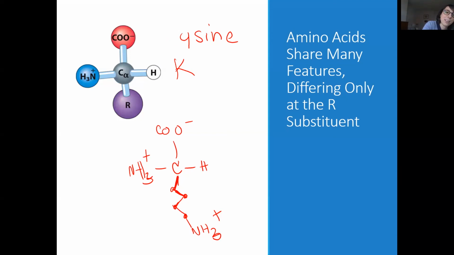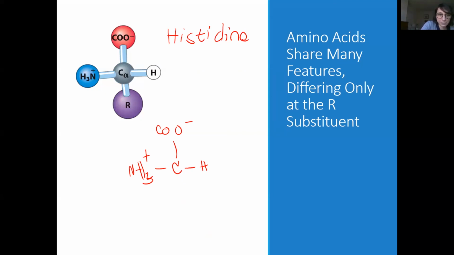All right, and our last amino acid, we've gone through all others, is histidine. Okay, and histidine is another charged amino acid, but it has a ring. So it again has a CH2 group here.